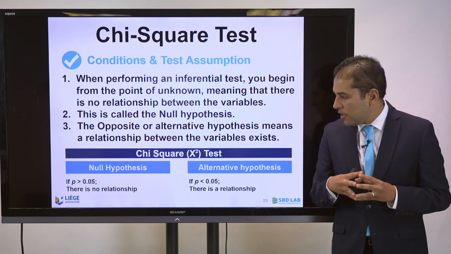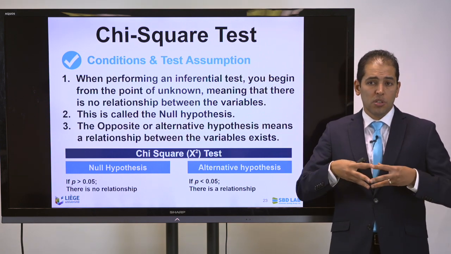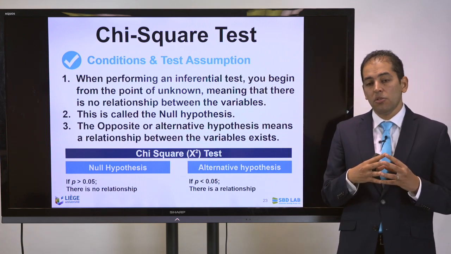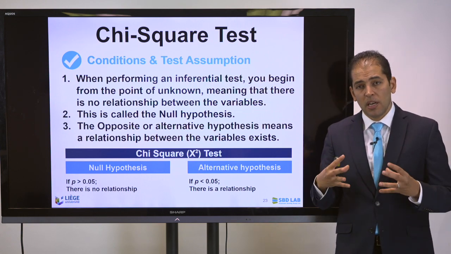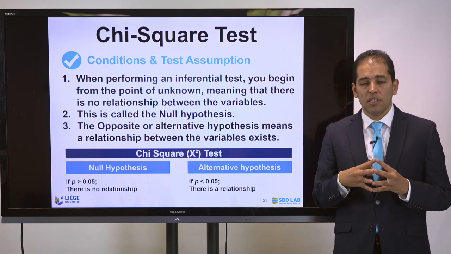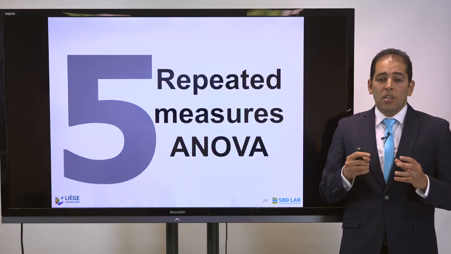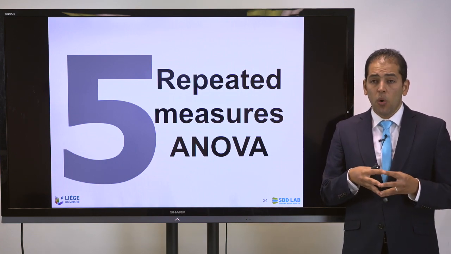If you have a p-value higher than 0.05, then we are falling under the null hypothesis that there is no relationship between the investigated groups. And if we have a p-value under 0.05, this means that there is a relationship and the alternative hypothesis is proved.